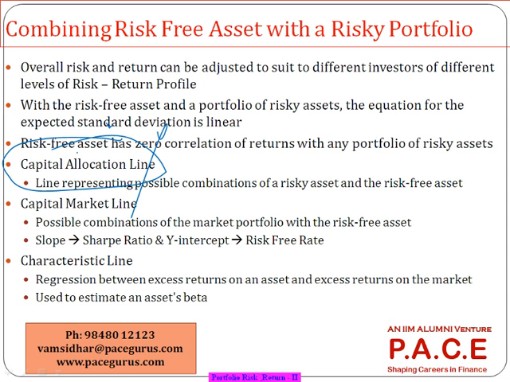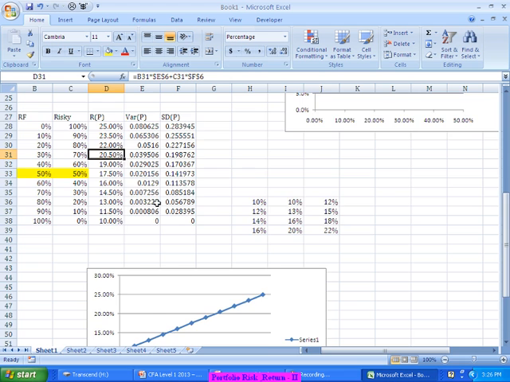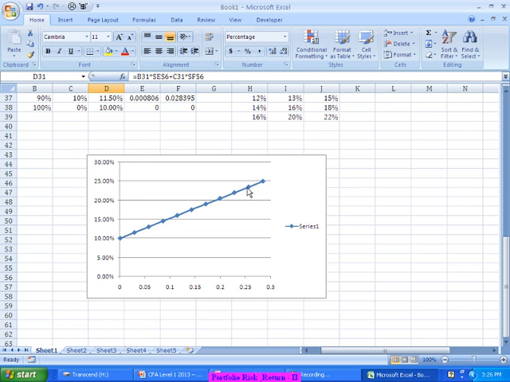Y-axis is what? The return on your portfolio minus the risk-free. If you look at the graph here, this is, let's say, the return on the portfolio. This is the risk-free. So this is RP minus RF, and this is nothing but the standard deviation of the portfolio. So slope is the difference on the y-axis divided by the difference on the x-axis.